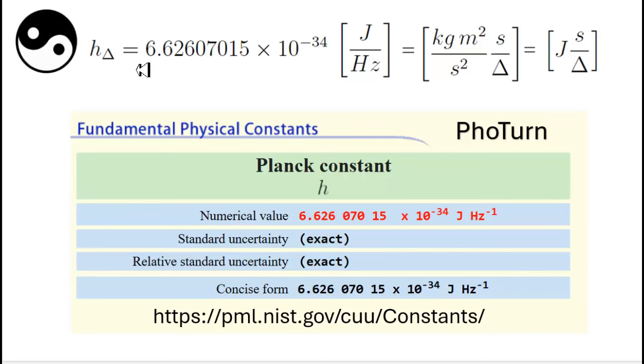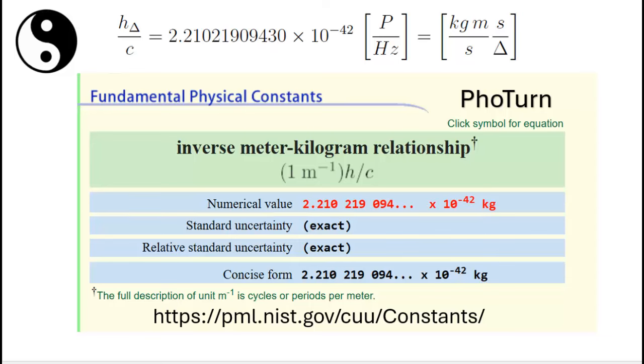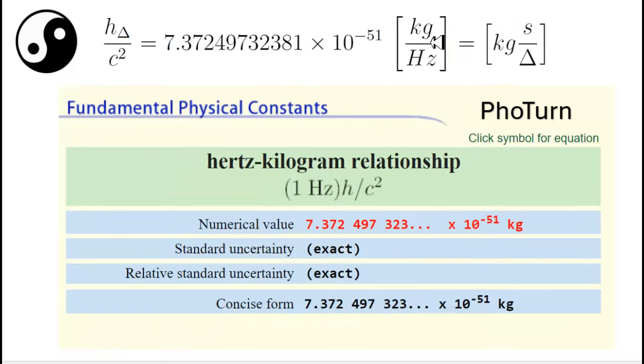You have H over C, you have H over C squared, and that is how I get the constants of nature. And you can answer real questions, you can solve real problems using these constants if you think of light and even particles, even matter, in terms of the own particle model, which I've talked about a lot in the past. So I just wanted to get this out quickly.